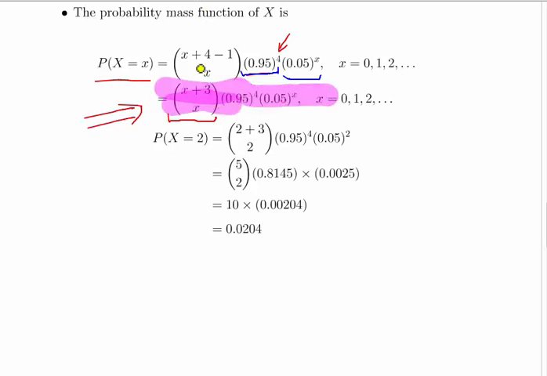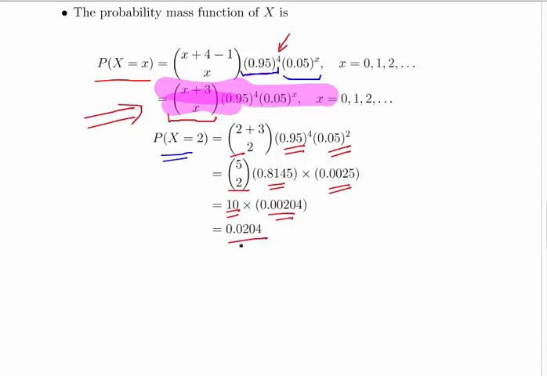Okay, so that is the probability mass function with the appropriate numbers. What we do is let x equal 2, the probability of x equal to 2. 2 plus 3, so we end up with the binomial coefficient of 5 choose 2, which is 10. 10 times 0.95 to the power of 4, that is 0.8145, and 1 minus p, otherwise known as q, to the power of x. 0.05 squared is 0.0025.